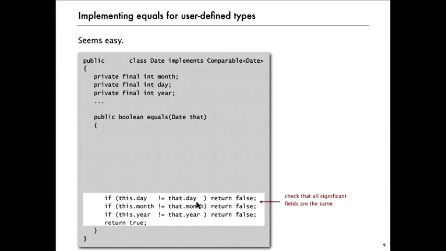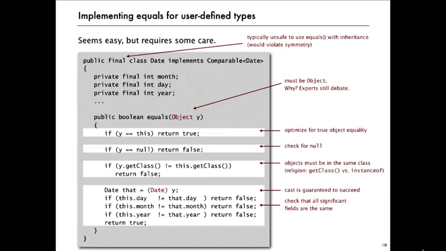Two dates should be equal if they have the same day, month, and year, and if any one of those is not the same, then just return false. That seems as if it should work, but it doesn't have all the characteristics that we need in a Java implementation. So all of this code in red shows a model for what you might do if you're going to implement equals for your own type of data.